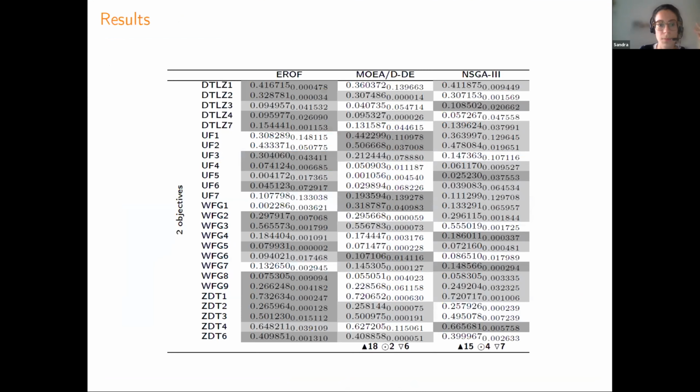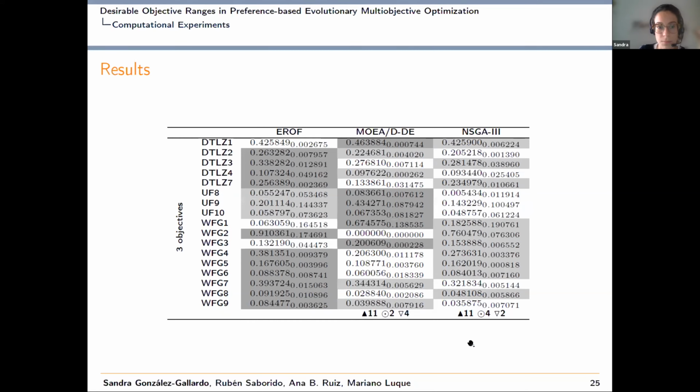So in problems with two objective functions, we can say that EROF is better than MOEA/D in 18 problems. Regarding NSGA3, we can say that EROF is better than NSGA3 in 15 problems.